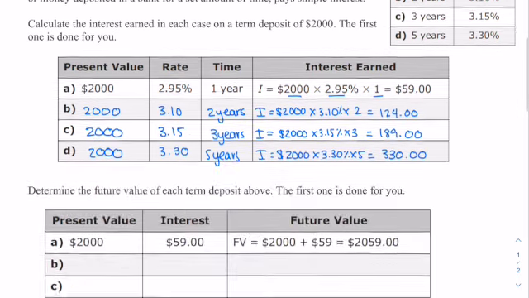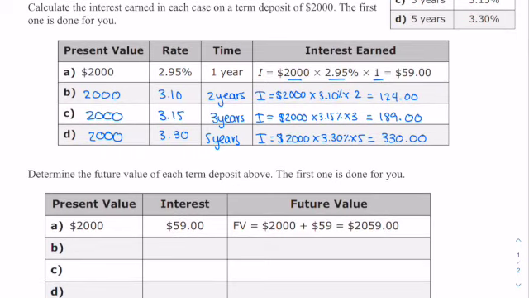Now we are going to determine the future value of each term deposit. So the first one's done again for us. You have to remember we're starting with $2,000 each time. And the future value is just adding your interest earned to your present value. So let's recopy our interest earned, and then just add it to the 2,000.